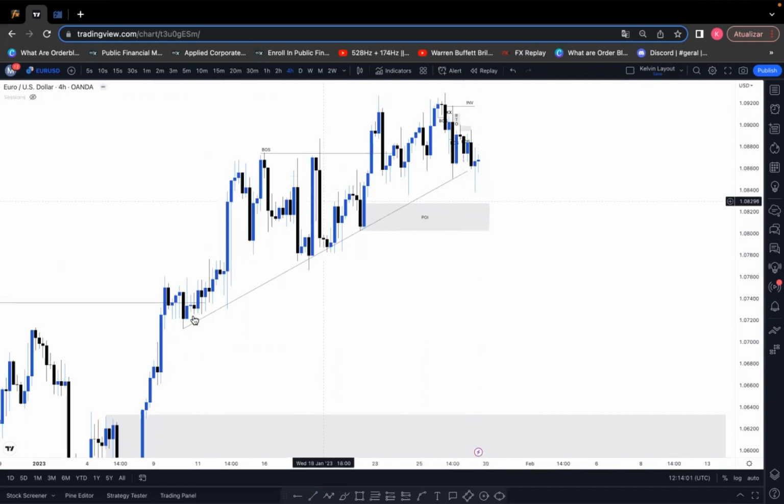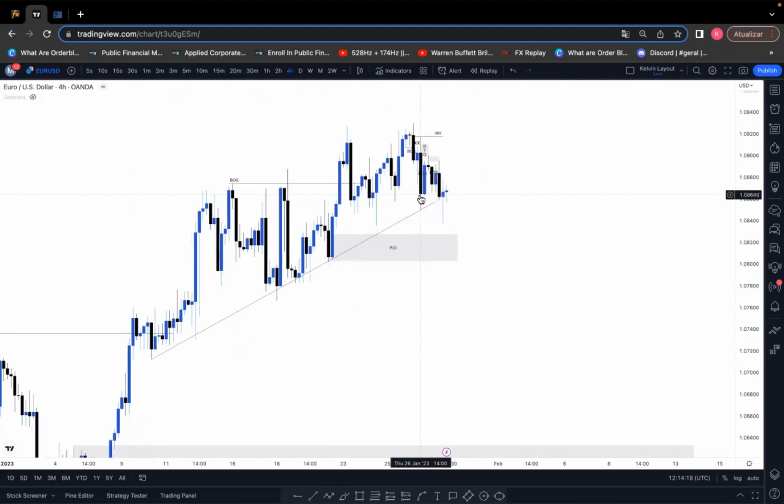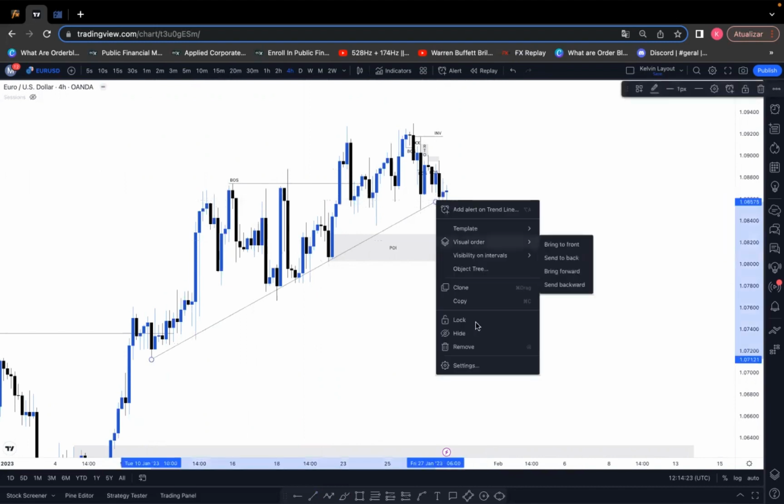So this is a zone where there are so many orders sitting below. I'm expecting to see EU breaking those lows and coming all the way down here. We can see the huge imbalances sitting below, so price is just building up liquidity. We're more likely to see that bearish continuation to the downside.